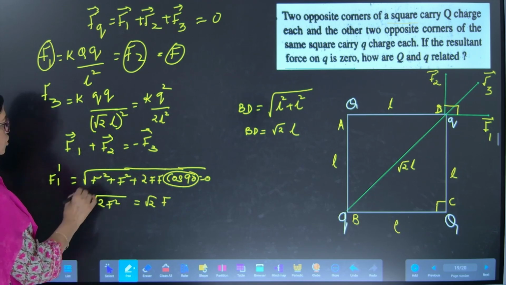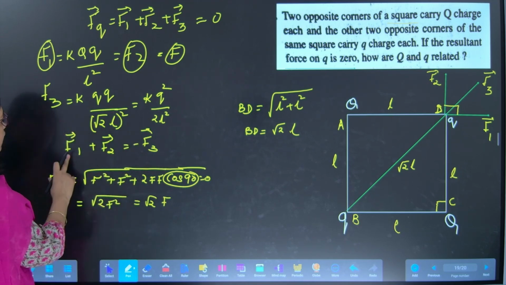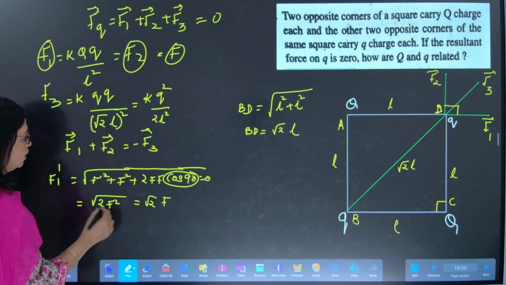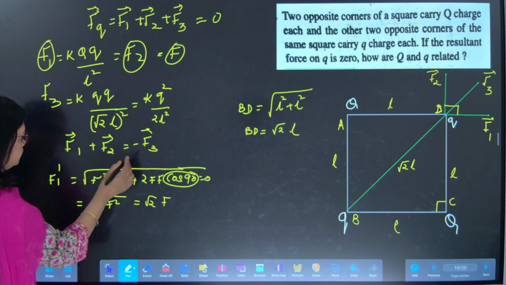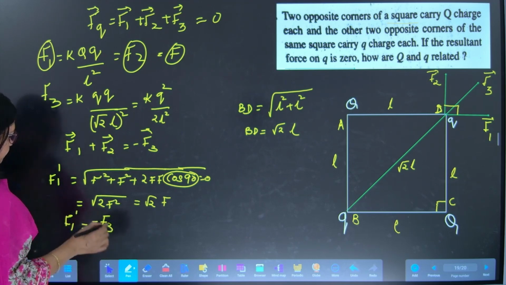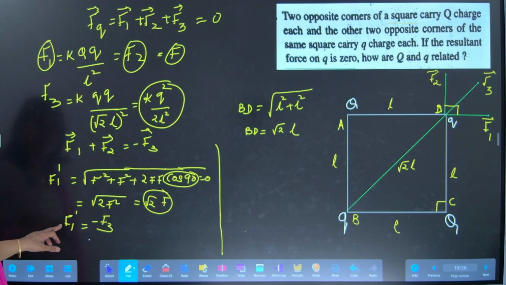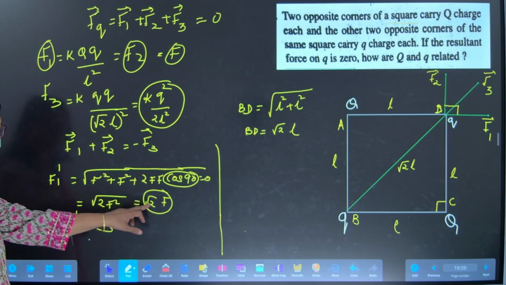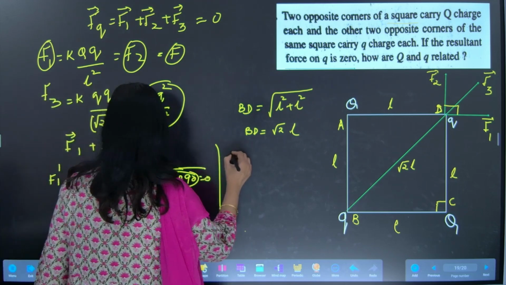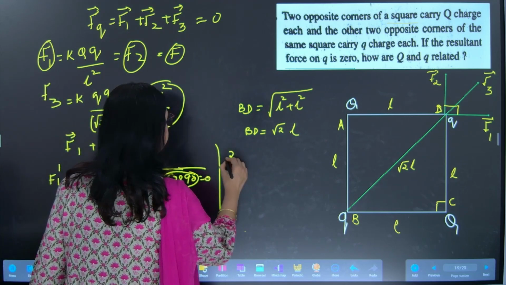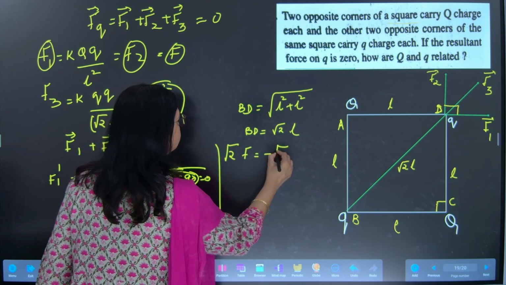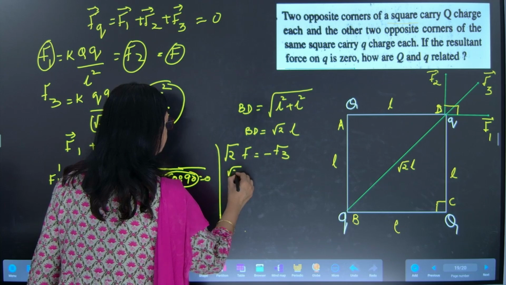Now this F1 dash is the resultant of F1 and F2 as vectors. Now as per the question, we equate the magnitude of these two forces, that is F1 dash is equal to negative F3, right? So substituting the values of F1 dash as root 2 F and F3 as given here, we write down root 2 F is equal to negative F3, that is K Q square upon 2 L square.